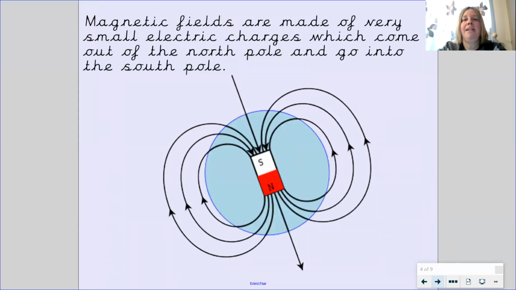Magnetic fields are made of very small electric charges which come out of the North Pole and go into the South Pole. So here on this diagram, you can see the electric charges coming out of the North Pole and travelling round to go in to the South Pole.